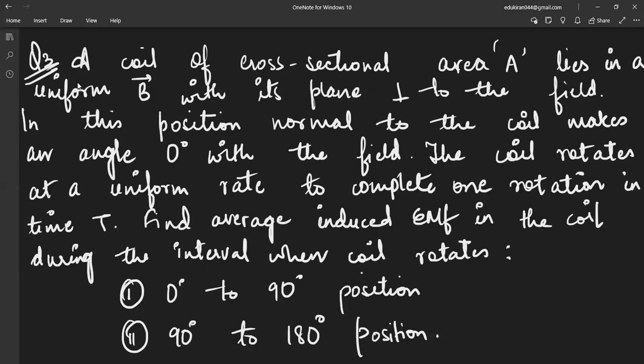Note it down. A coil of cross-sectional area A from here to here. Then I'll discuss it.